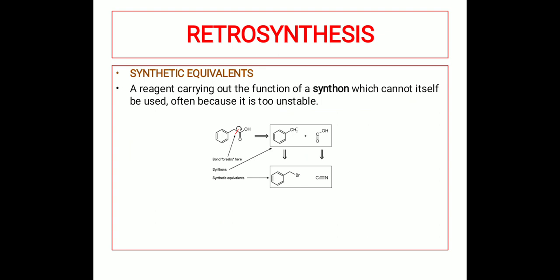So this is the definition of synthetic equivalents. We cannot use synthons as starting materials because they are too unstable, and they are cations and anions which we do not usually obtain as a product, right? That's the reason why we have to convert these synthons to suitable reagents which are called synthetic equivalents.